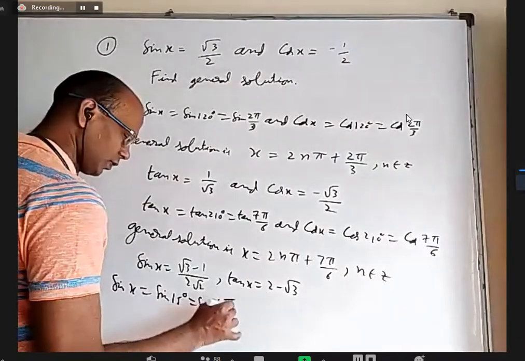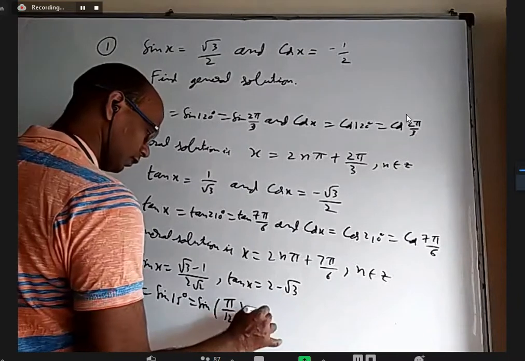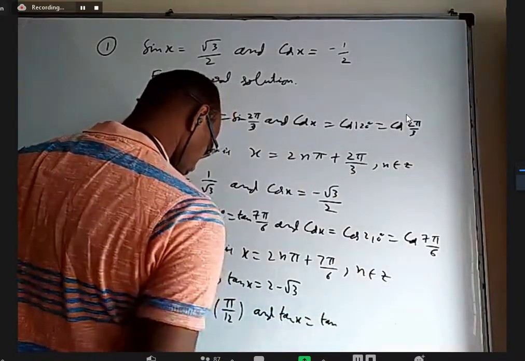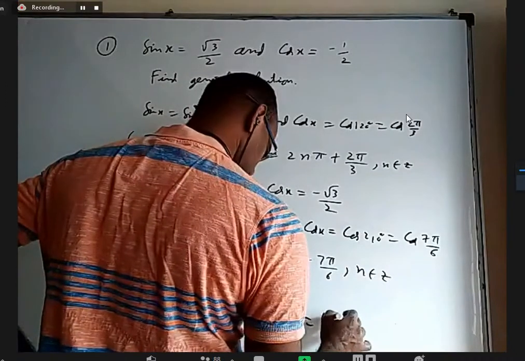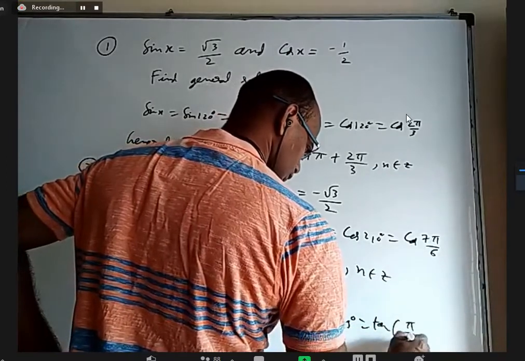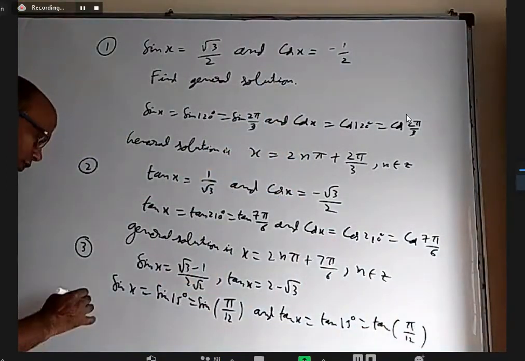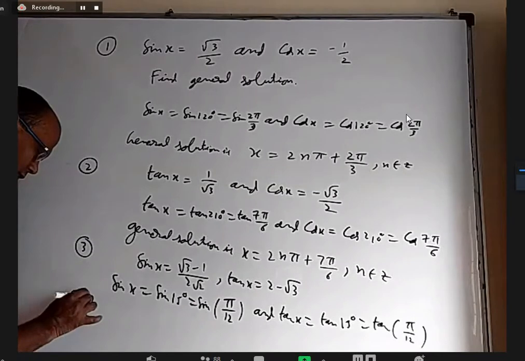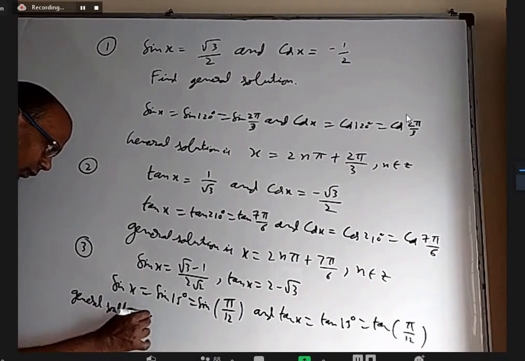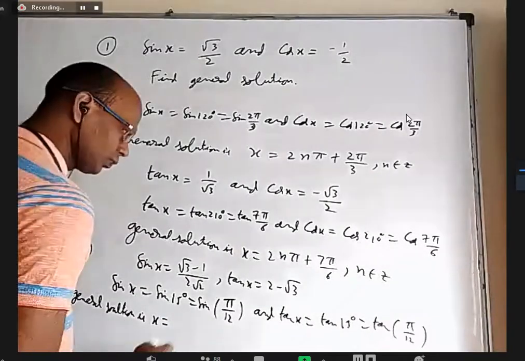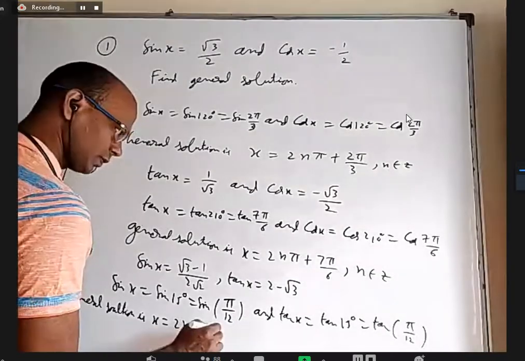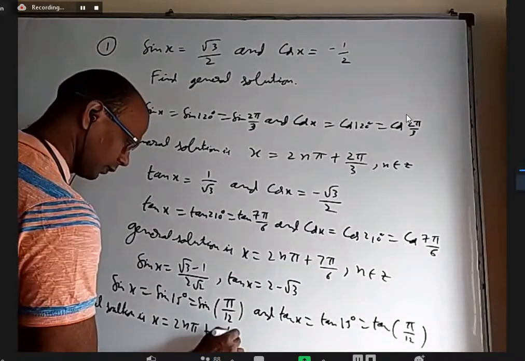Just multiply by pi by 180, it gives pi by 12. So the general solution: x is equal to 2n pi plus pi by 12, n belongs to Z.